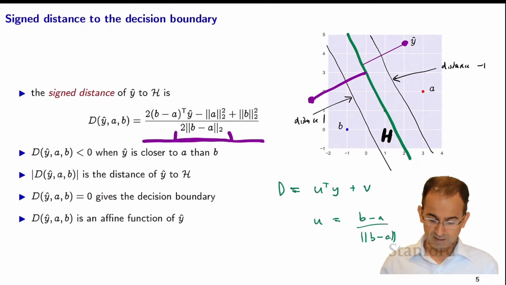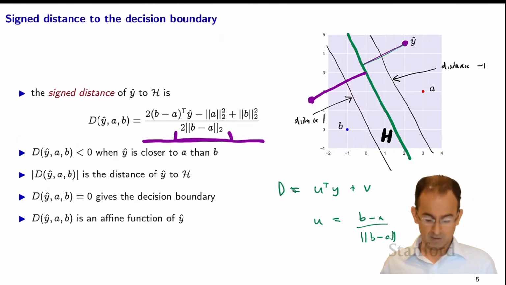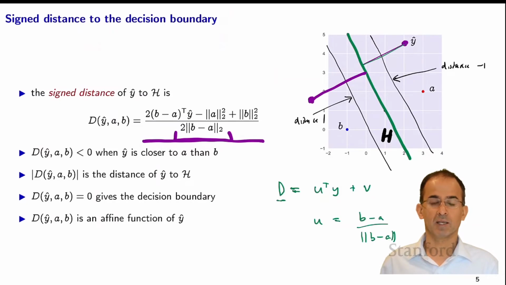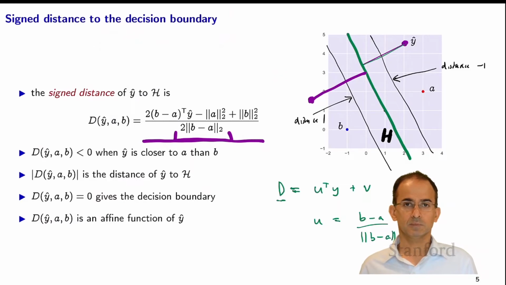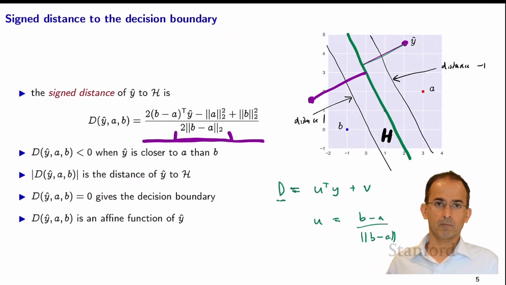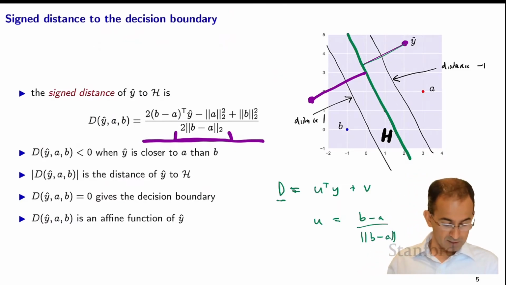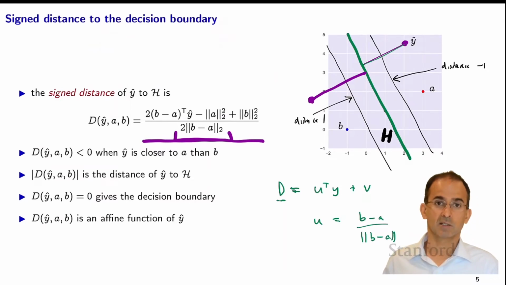So in other words, if y hat actually is a distance d from the hyperplane, then capital D here will be the appropriate sign appended onto that distance. So D is 0. That's the decision boundary that decides whether we're on the A side or the B side of the hyperplane. And if it's negative, we're closer to A than we are to B.